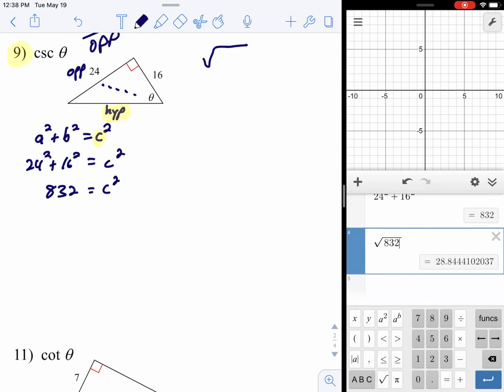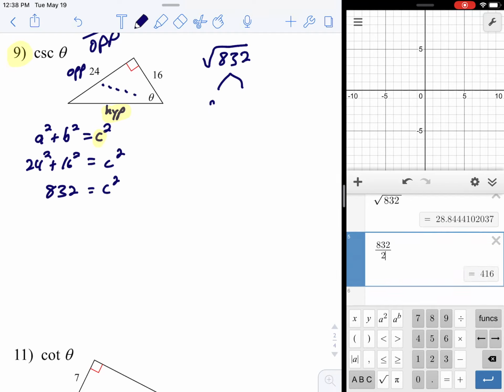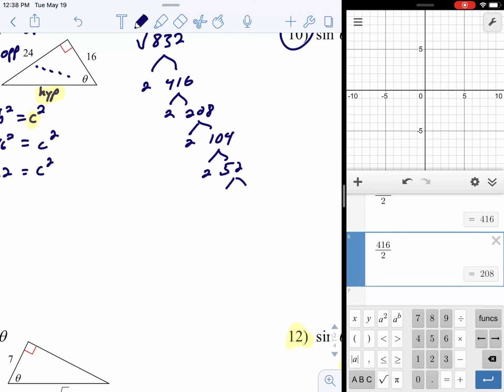So I'm going to have to simplify 832. All right, 832 is an even number, so I know I can divide it by 2. 416 is also an even number, so I know I can divide that by 2. 208 is an even number, that's 104, which is an even number, that's 52. 52 is 2 times 26, and that's 2 times 13, and 13 is a prime number.